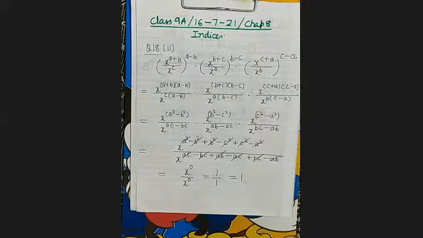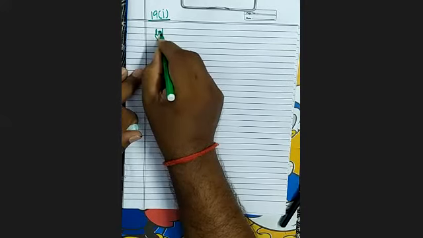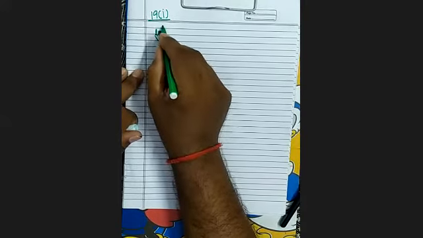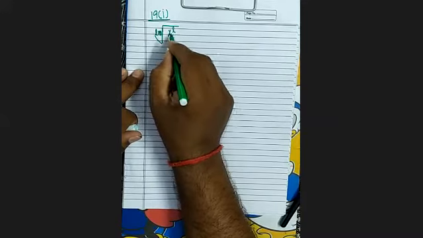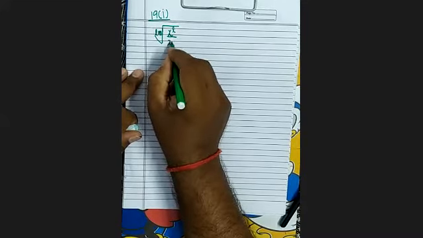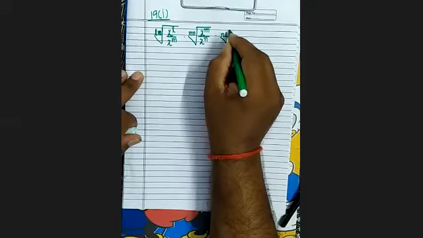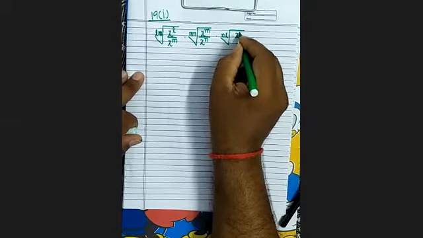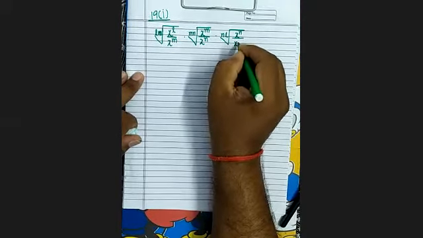This is the square root, order of surd is LM, within the surd it is x to the power L upon x to the power M, into, then order of surd is MN, and here it is x to the power M upon x to the power N, into order of surd is NL, x to the power N upon x to the power L.